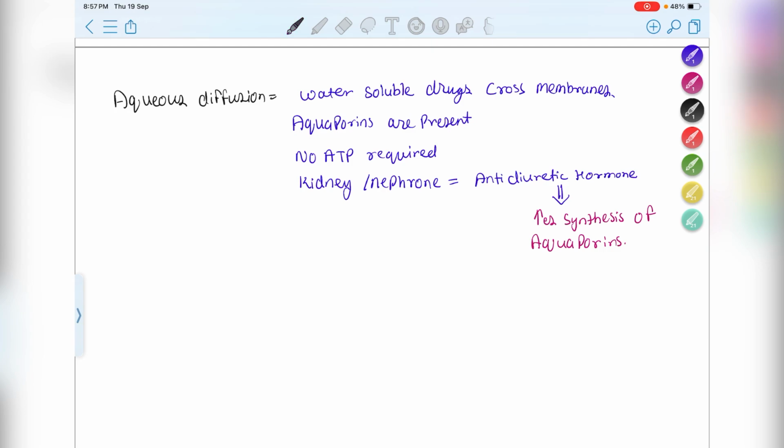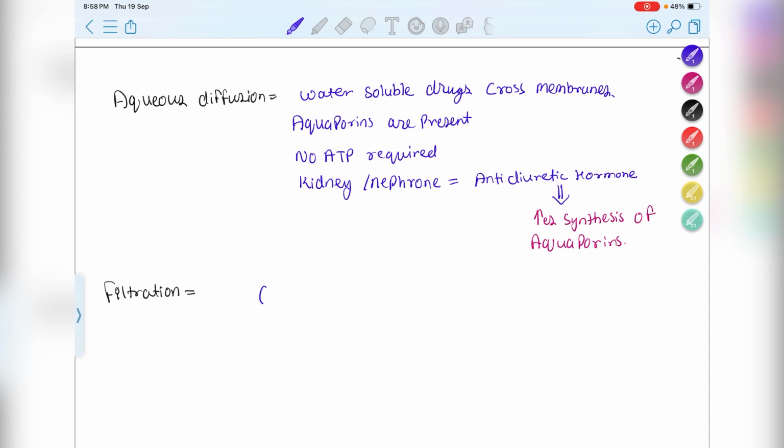Okay, the another method which we have is filtration. So the drug crosses the space between two cells known as paracellular spaces. When there is a space between the two cells and the drug crosses by it, that space is known as paracellular space.